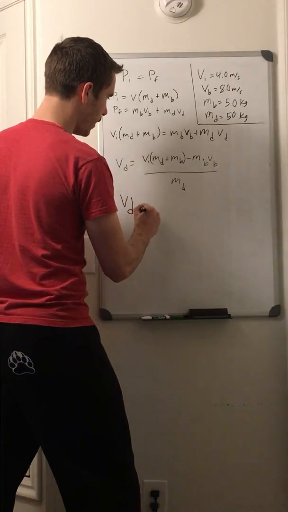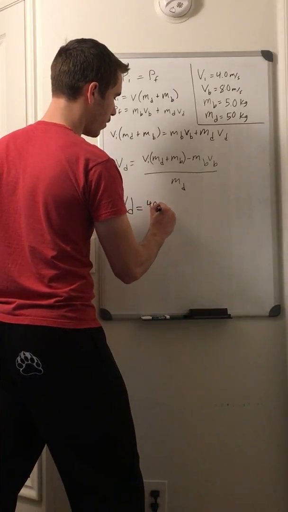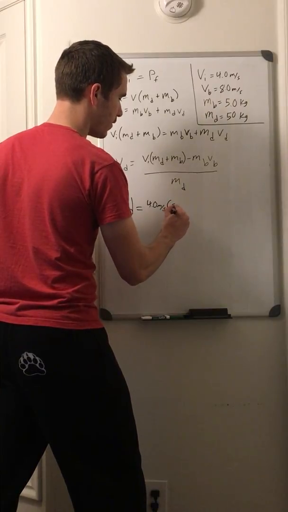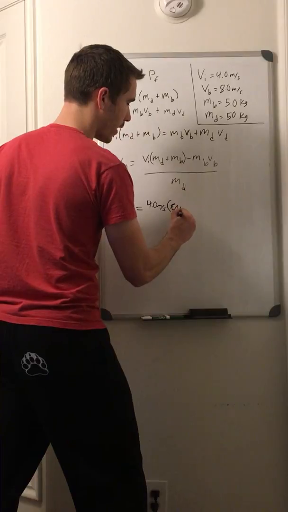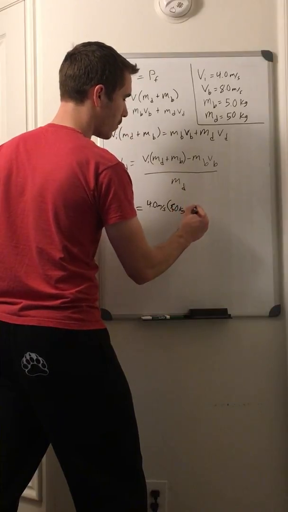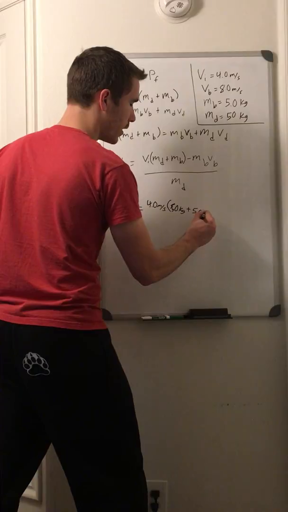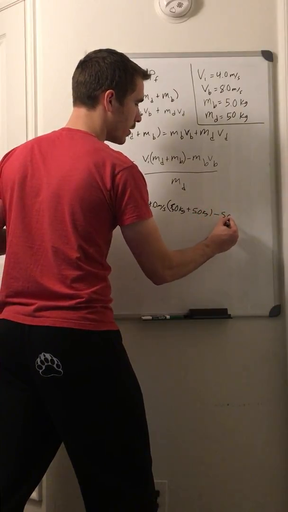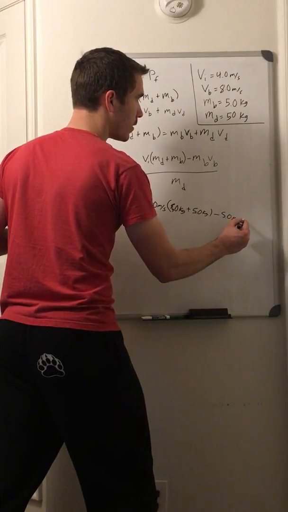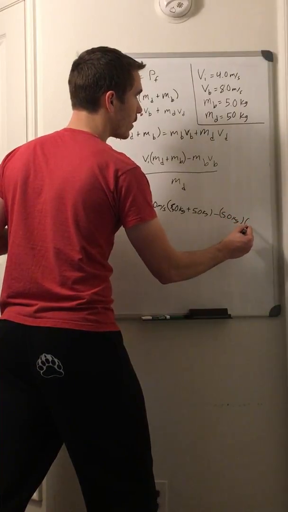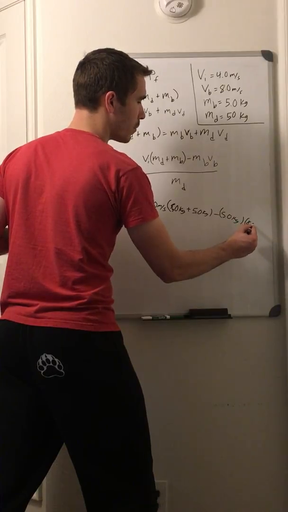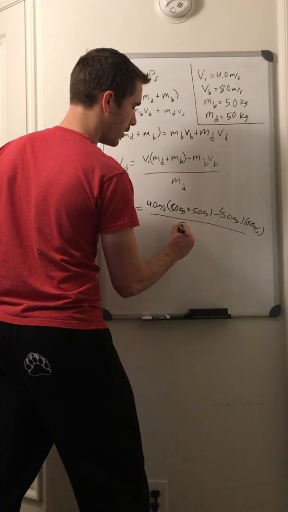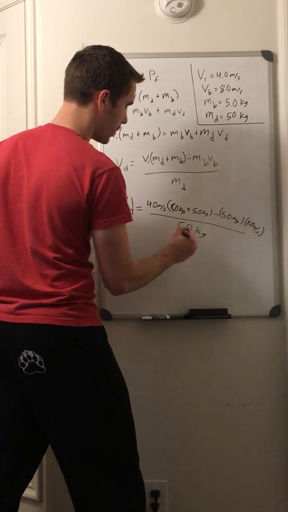We get VD equals 4.0 meters per second, times the mass of Dan, which is 50 kilograms, plus the mass of the board, 5.0 kilograms, minus 5.0 kilograms times the velocity, which is 8.0 meters per second, all over Dan's mass, which is 50 kilograms.